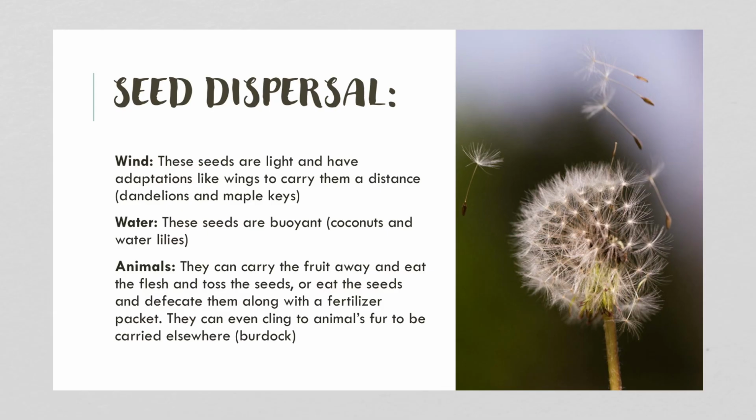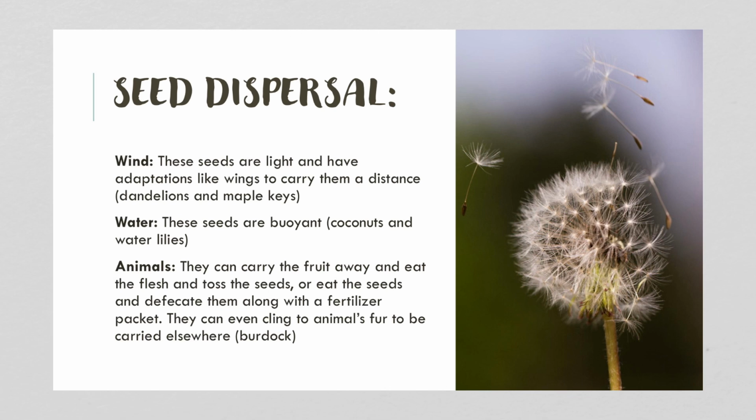And then water, some seeds are buoyant, like coconuts and water lilies, and their seeds can be carried from the tree to another location for germination. And then animals, so they can carry the fruit away, eat the flesh and toss the seeds, or eat the seeds and defecate them along with a fertilizer packet.